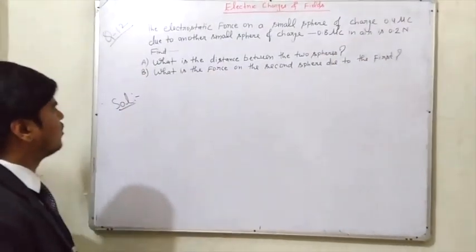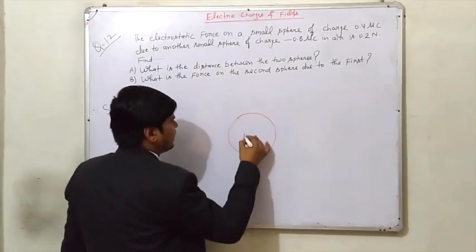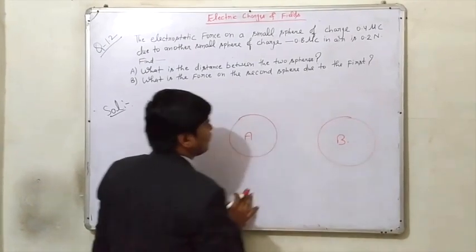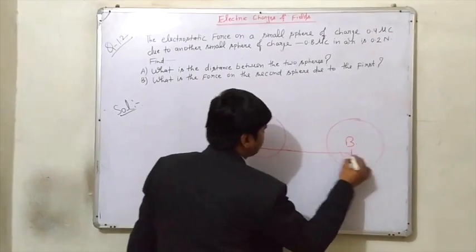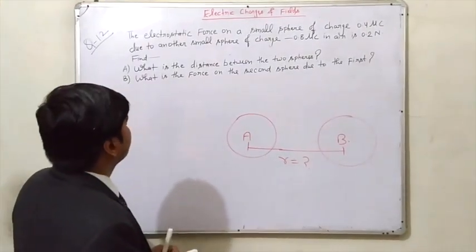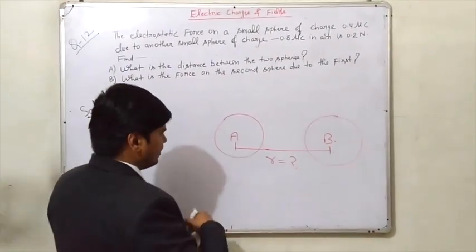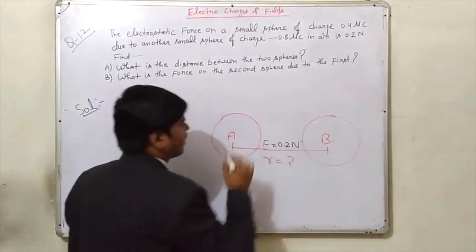So now we solve the first part. Students, in the question there are two charged spheres, one is A and another is B. We need to find the distance between the two charges, that is R. The force between the two charges is given as 0.2 Newton, so F equal to 0.2 Newton.